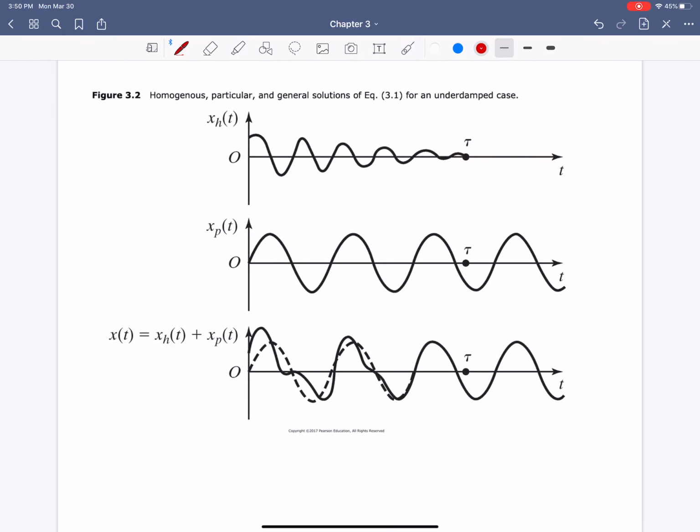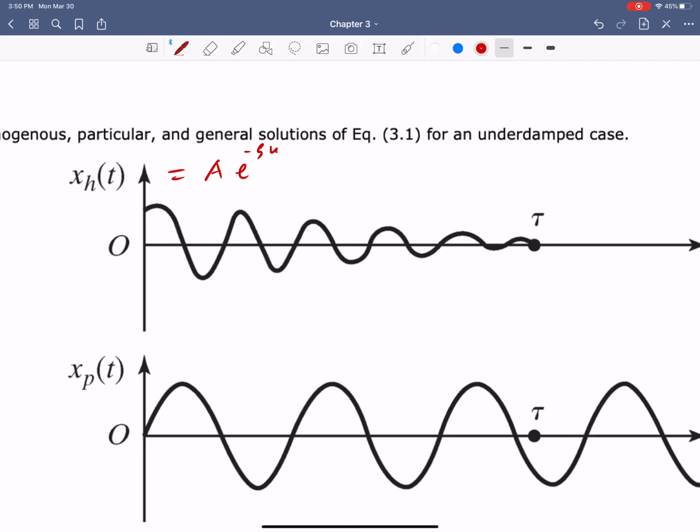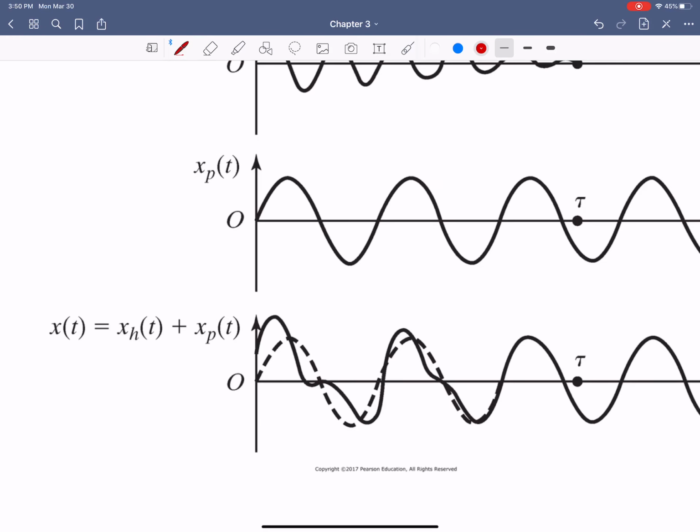So what do these x sub h's and x sub p's look like, and what do they mean? Once again, x sub h was equal to A e to the negative zeta omega n t, sine of omega d t plus phi naught. And x sub p is equal to f naught over k minus m omega squared, times, I think the book uses cosine omega t.